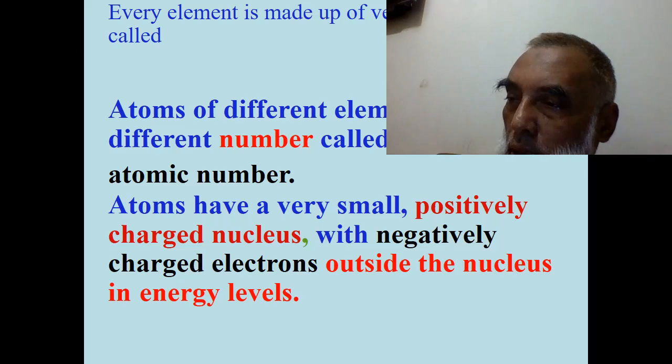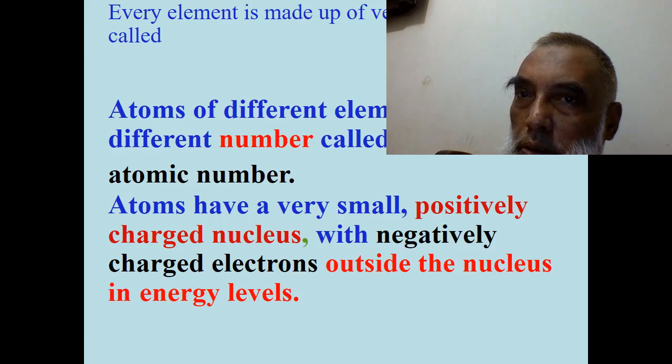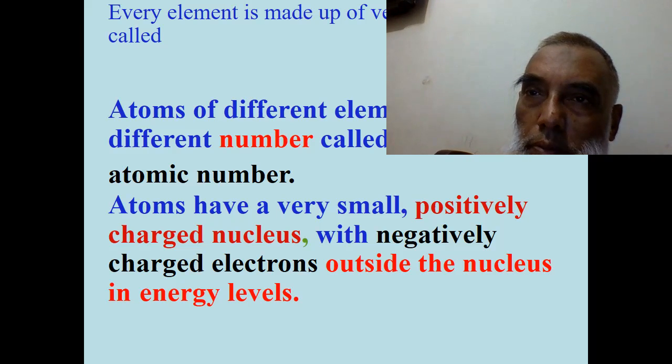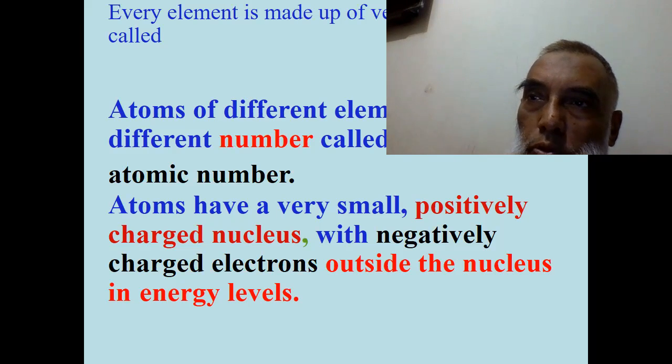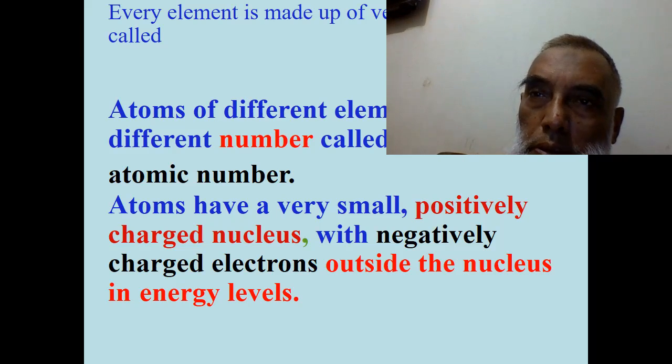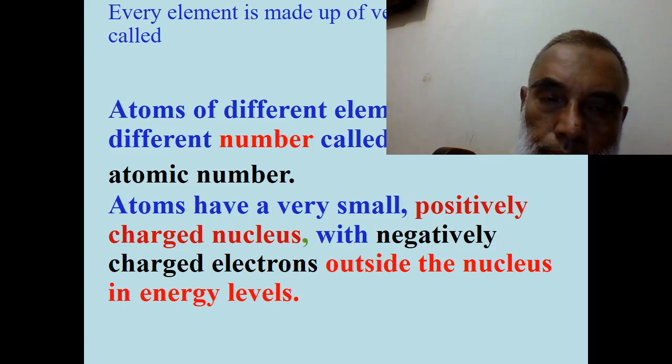In the ground state, it remains in the first shell, or the outermost shell, which is different for different atoms. And when it is excited, it is excited from its ground level to the next higher energy level.